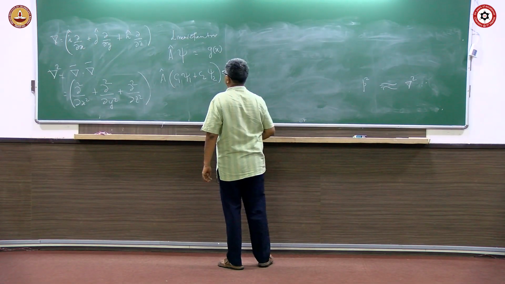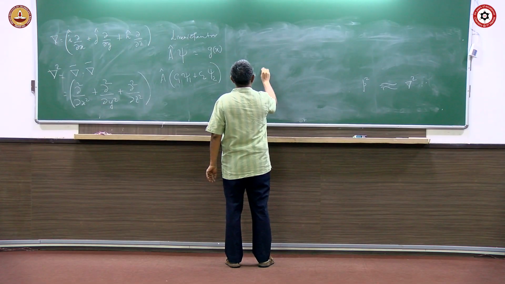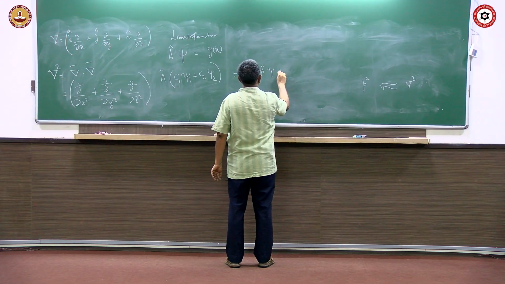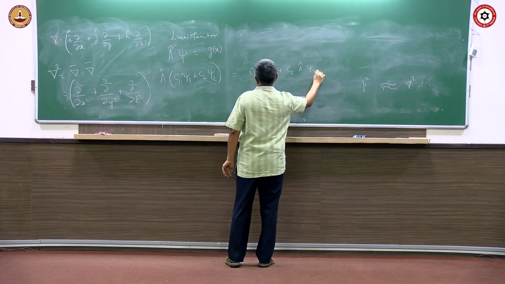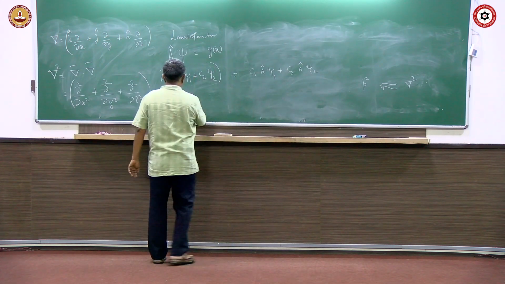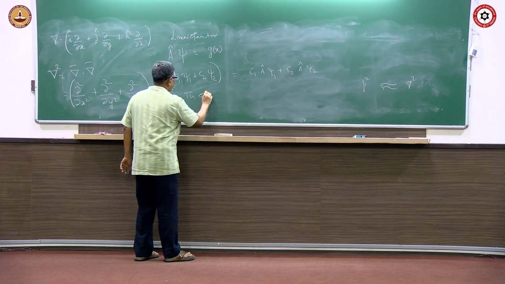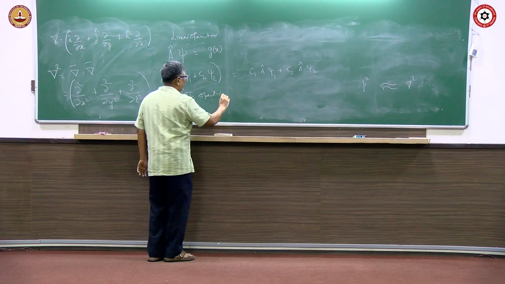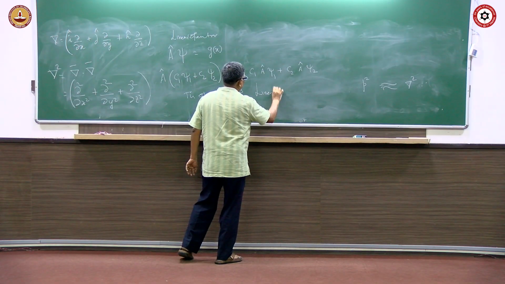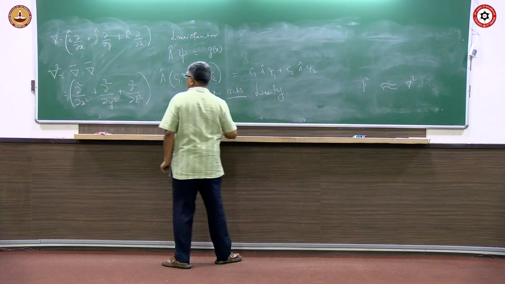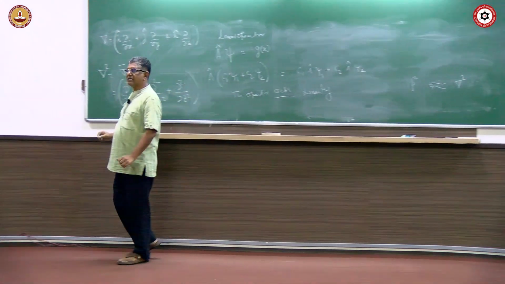So, this will become C1 A psi 1 plus C2 A psi 2. Therefore, this operator acts linearly. Therefore, this is called a linear operator.